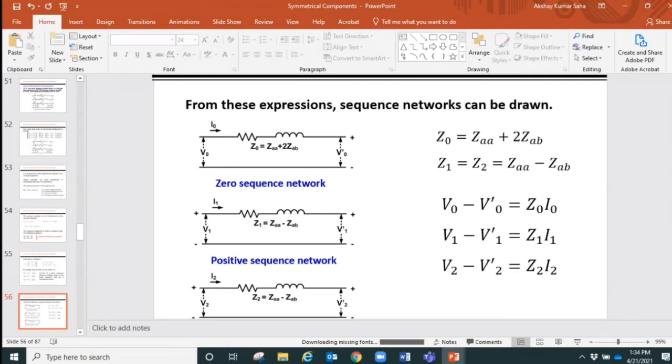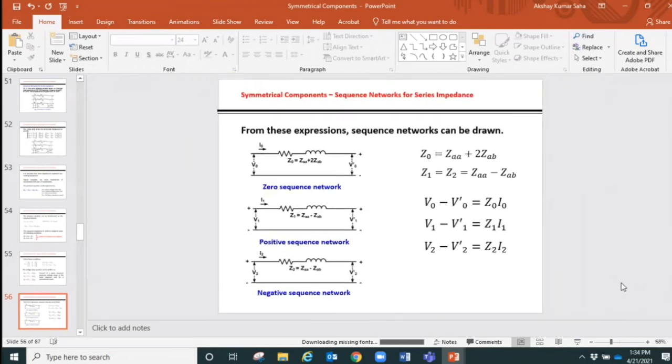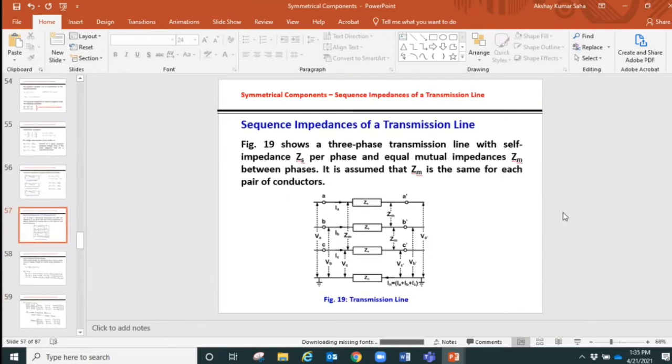For negative sequence, it's also the same. I2, V2 are the current and voltage. Z2 is the impedance. This impedance Z2 is equal to Z1. So we will have to draw the sequence networks for each of them. We have the equation, so if we forget any of them, we can always go back and draw it from there, either from the equation to the network or network to the equation. It's not difficult, what it needs is just an understanding of the process.